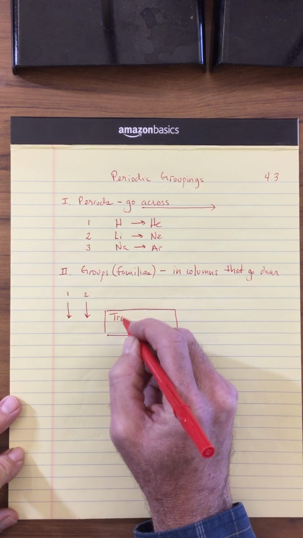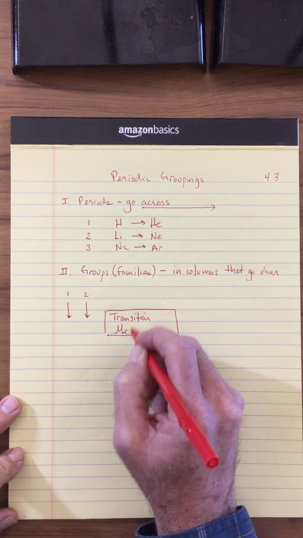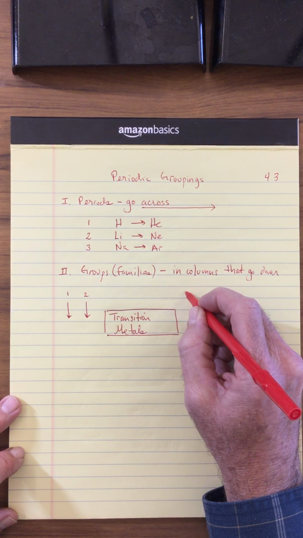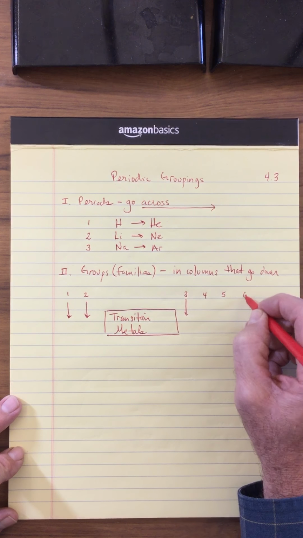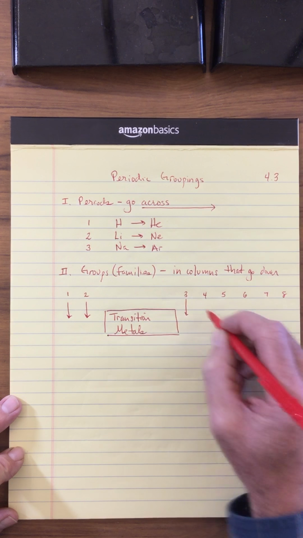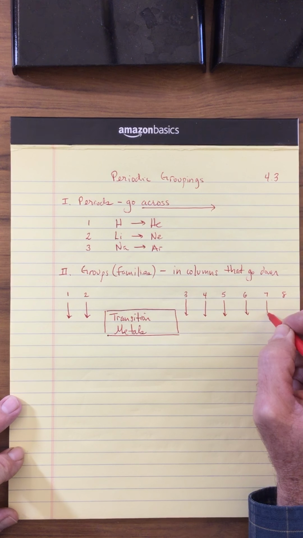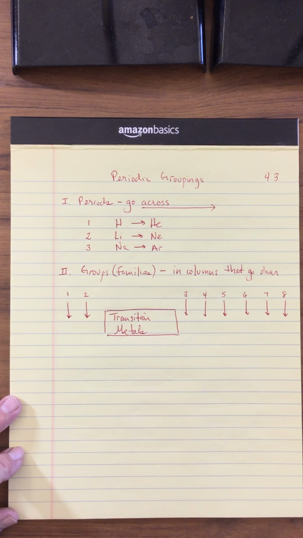And again, these are called your transition metals. Then we have group 3, 4, 5, 6, 7, and then 8. And again, your groups go down like this.